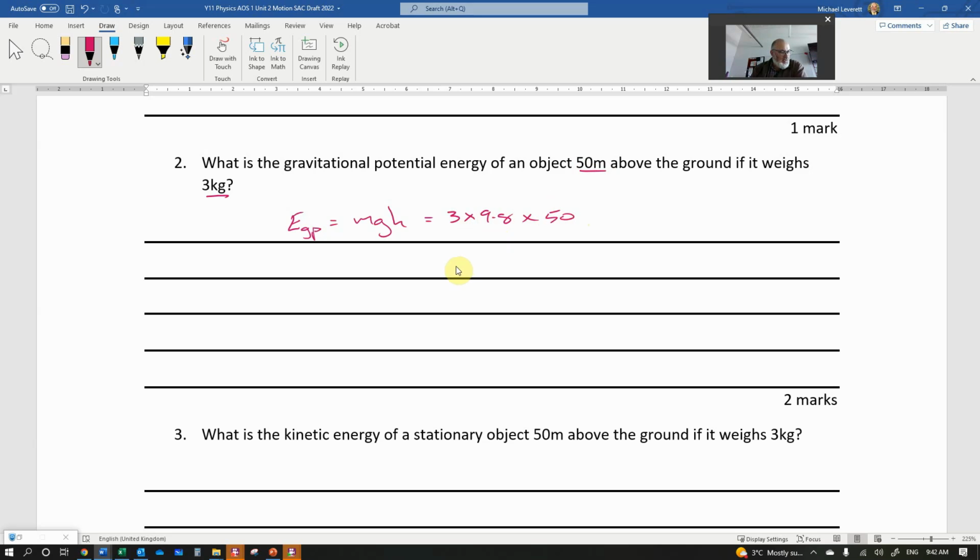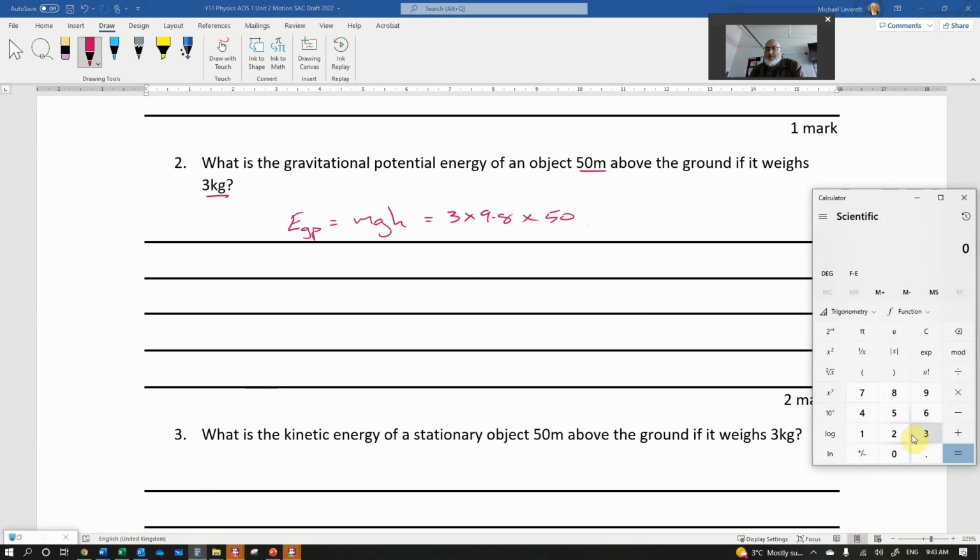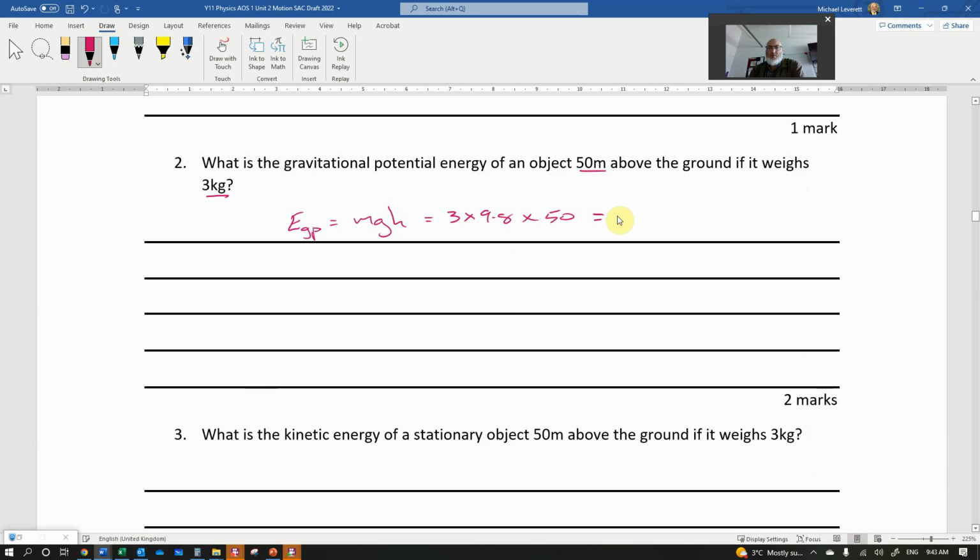So that gives us 3 by 9.8. Sorry, just got to get up my calculator. 3 by 9.8 by 50 is 1,470 joules of energy.